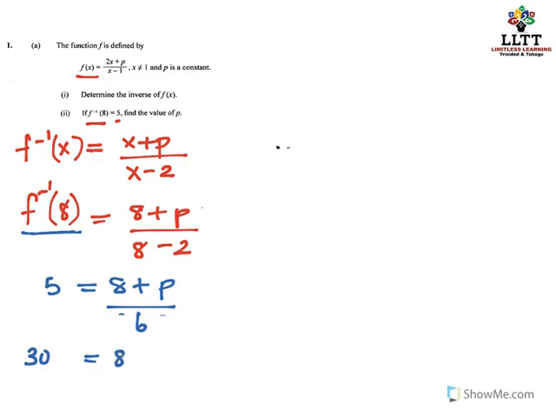So I now have 8 plus p is equal to 30. And then I need to find for p by itself. P is already on the right hand side, so I'm going to take away 8 from both sides, or carry the 8 on the right hand side over to the left hand side. So I get 30 minus 8 is equal to p. So therefore, that must mean that p is equal to 22.